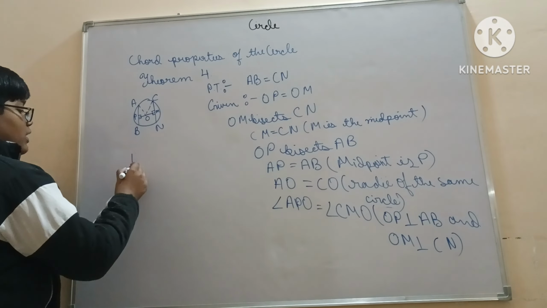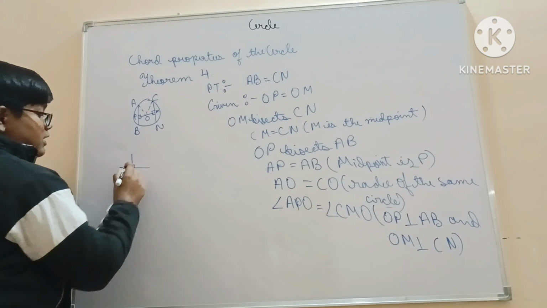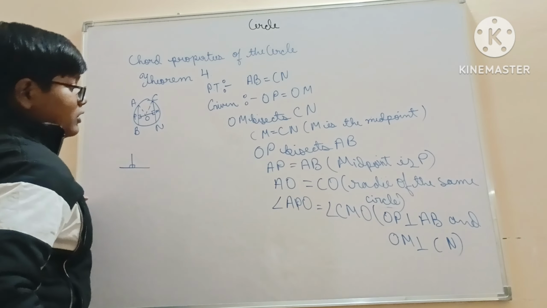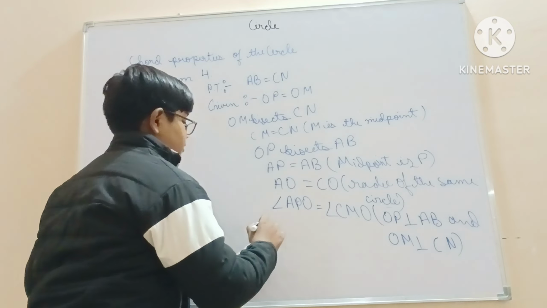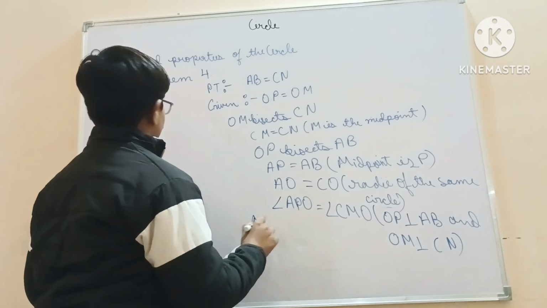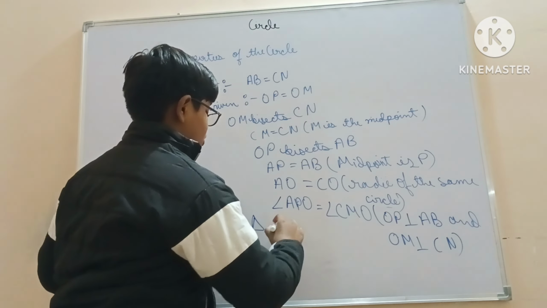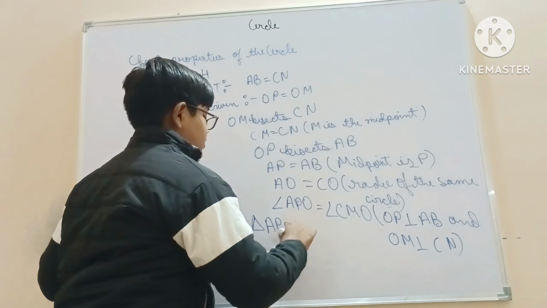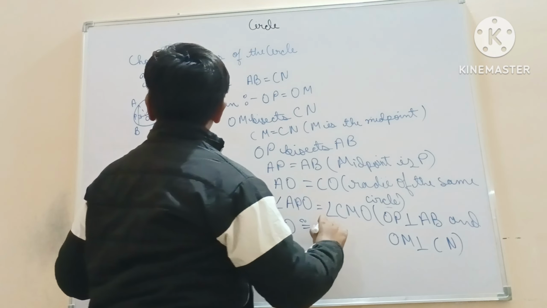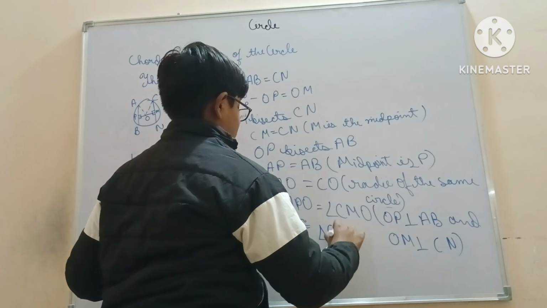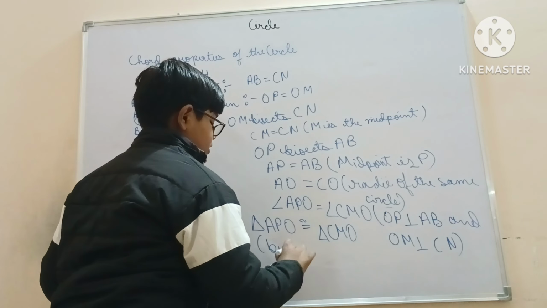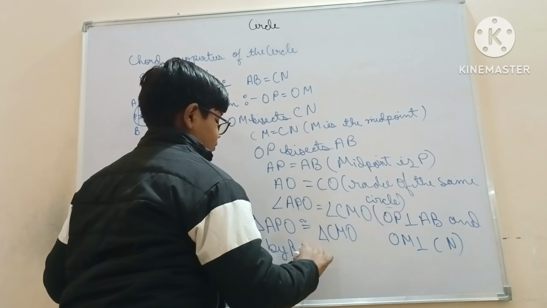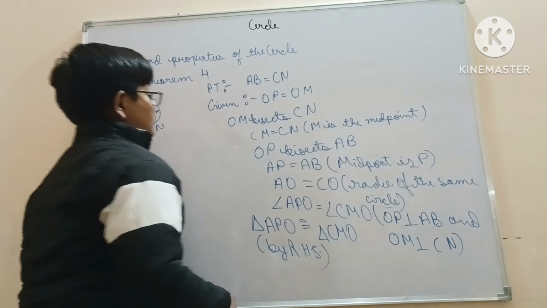Perpendicular means the angles are 90 degrees, so both angles are equal. So we prove the triangles congruent: triangle APO is congruent to triangle CMO by the RHS congruency rule.